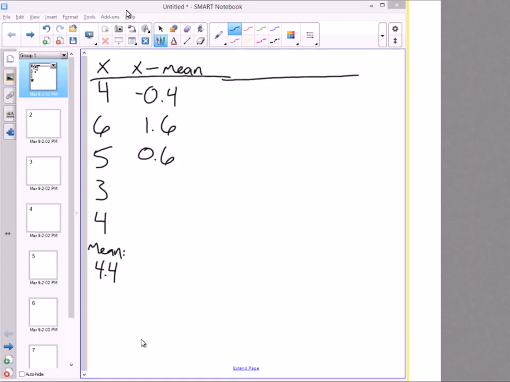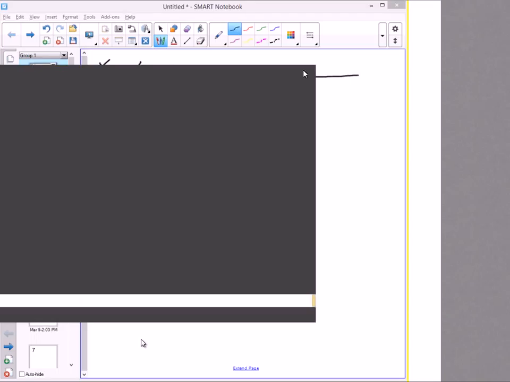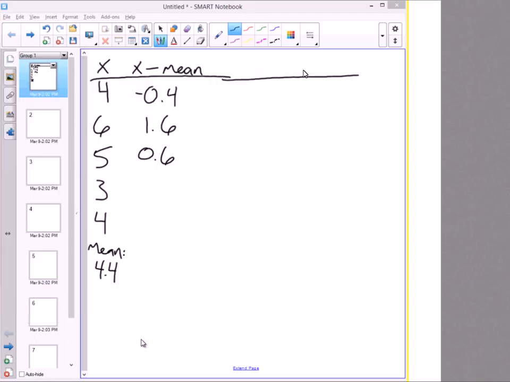And 3 minus the mean. Negative 1.4, and then 4 minus the mean. Negative 0.4.